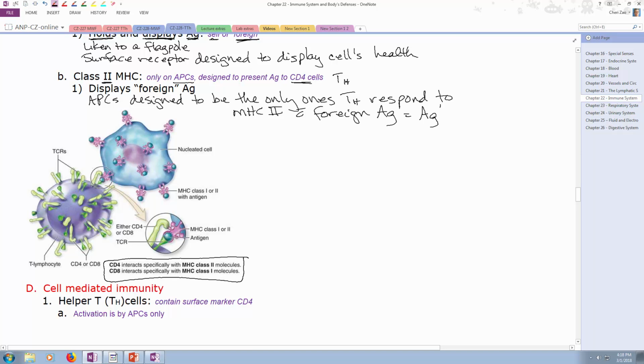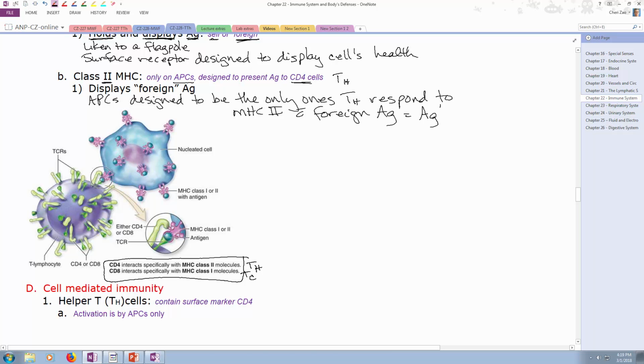Taking a look at this cartoon down here, let's go down to the bottom explanation. CD4 interacts specifically with class 2 MHC molecules, and CD8 interacts specifically with class 1 MHC molecules. So CD4 are T helpers, CD8 are the cytotoxic T cells.